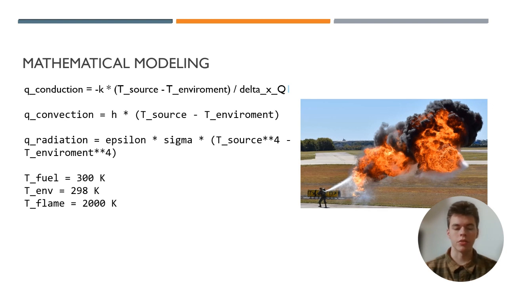The environment is 298 Kelvin, so just ambient room temperature. And then we assumed the flame was the most common one, the diesel that they offer. If they preload a tank and send it to you, it's going to be diesel. Based off of their estimates, we assumed about 2,000 Kelvin on an average day.